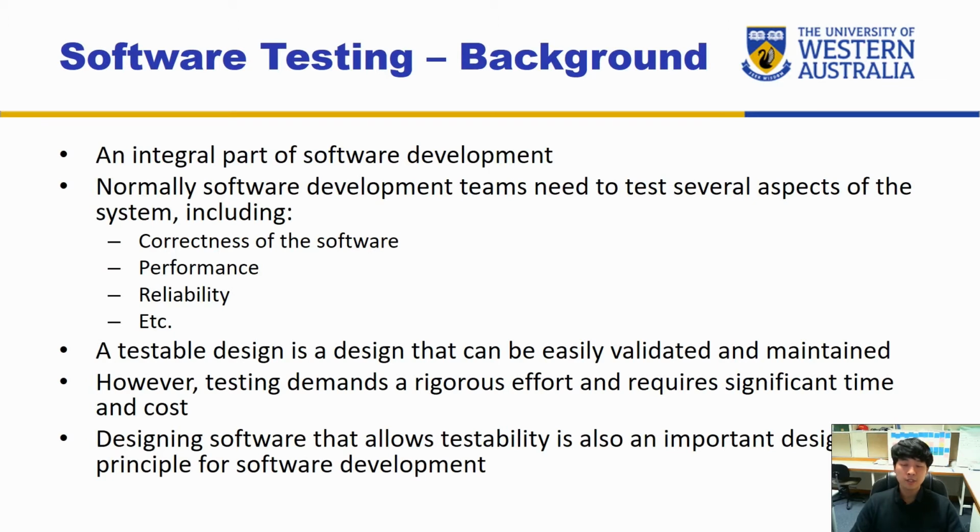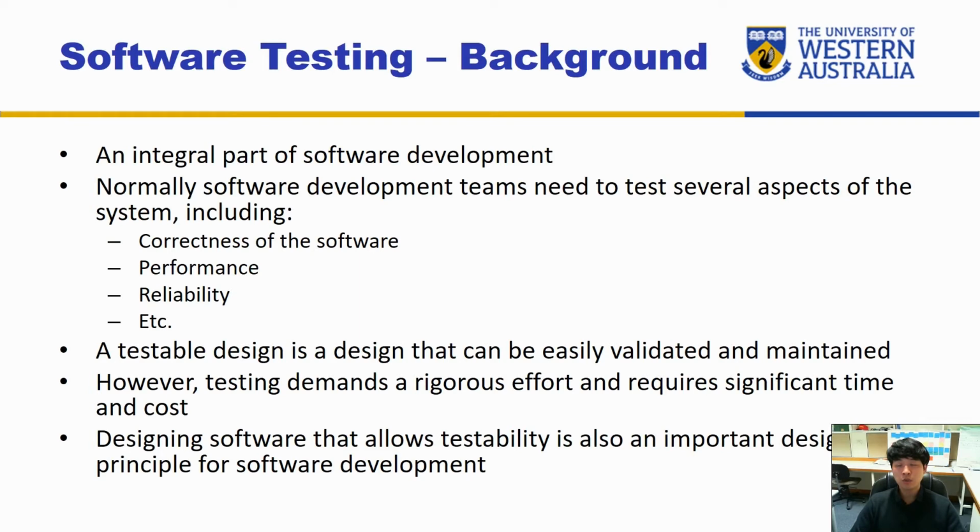We have seen from a few videos before about secure software development that security gets built into the software development process. Normally we want to ensure several aspects of the system, including the correctness of the software, performance, reliability, and so forth. All of that will contribute towards having a secure product.